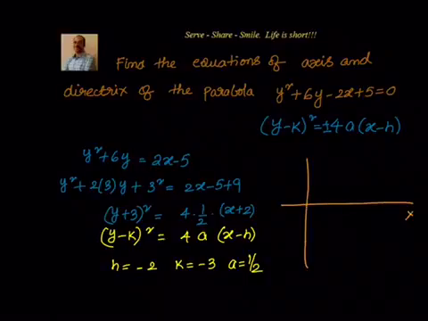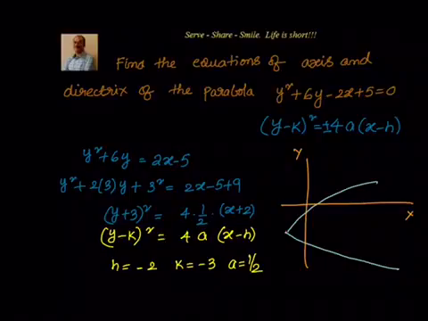This is our x-axis, this is our y-axis. Y square equal to 4a into x minus h. H is at minus 2, k is at minus 3. So minus 2, minus 3 is somewhere here. This is the point, and the curve will be opening from there.